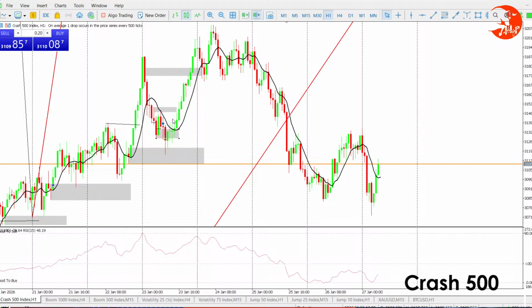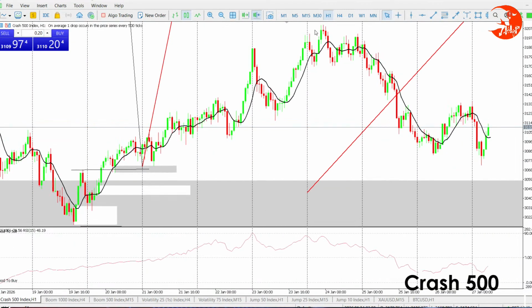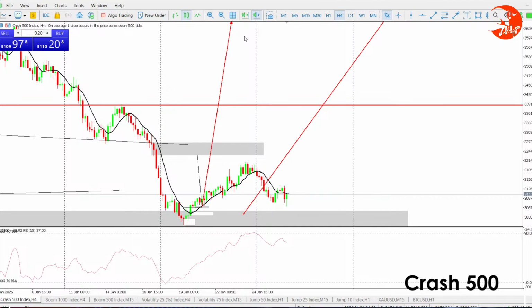So right now I want to look at the higher time frame, what it has to say, so that we can start today's analysis. Alright, so all this we don't need. So higher time frame, looking at H4, we needed price to move up there, and then we retest back to this level.